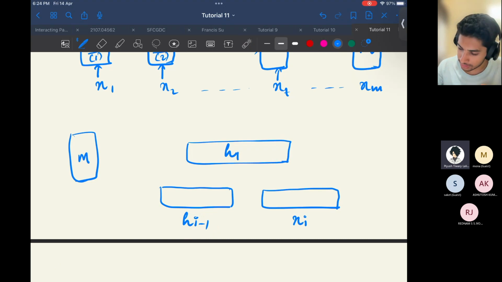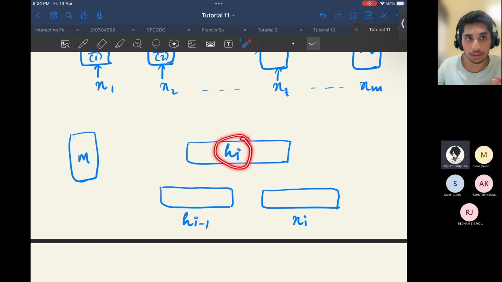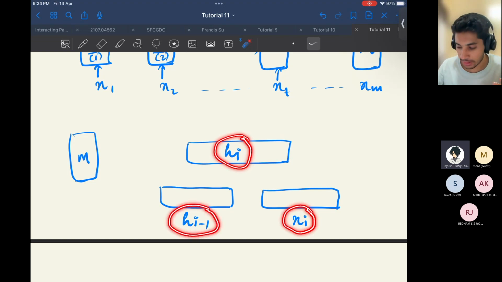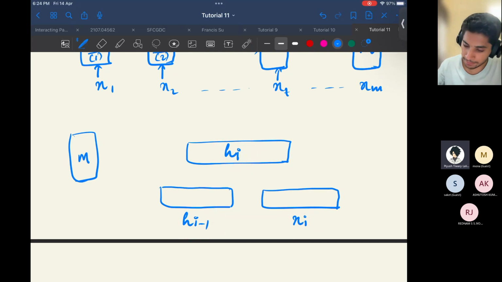Let me call the current one hi to make it explicit. So the current hidden layer of the neural network takes two inputs: the current input at the current timestamp xi, and the hidden state from the previous time instant, which is hi minus 1.